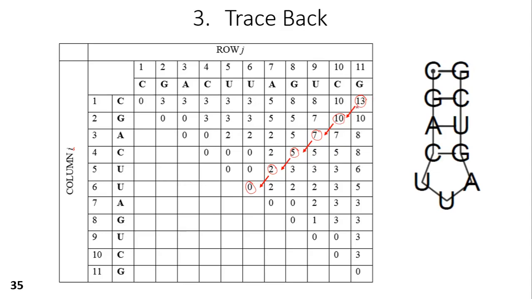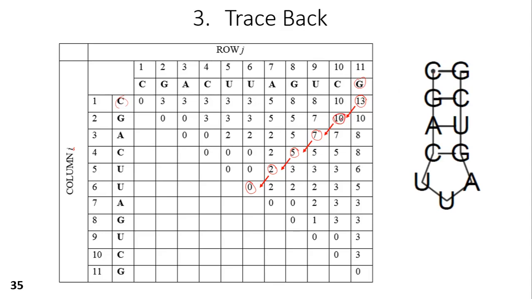Now using these connected numbers, you can see how your sequence has folded. So what do these 13 correspond to? These 13 correspond to the base pairing of G with C. Therefore, we have this G base paired with C. Then we ended up adding number 10.